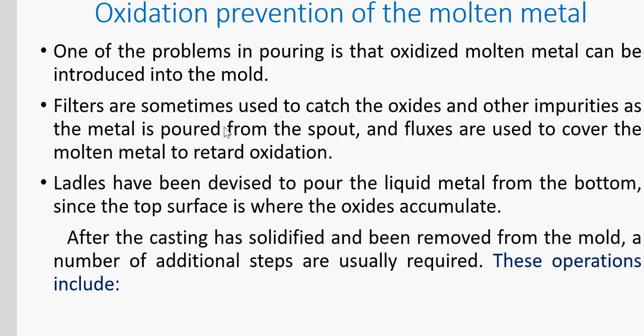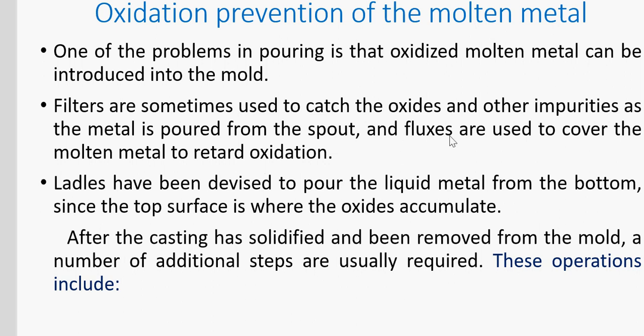So in this case, filters are used to catch these oxides and other impurities as the metal is poured. Fluxes are also used to cover the molten metal, so you can also add flux. This is not the same, though they do the same work to prevent the inclusion of what unwanted materials or oxides. But flux also is used to remove impurities.